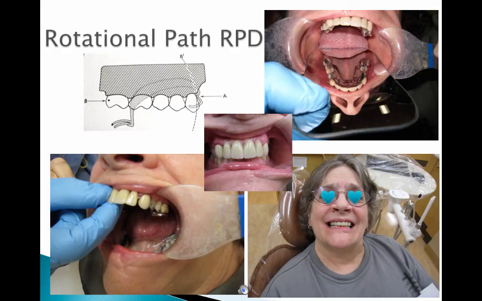So the partial is placed into position in the anterior first, then it is rotated up into position to engage those posterior direct retainers. The seated partial is shown in the upper right, and you can see on the lower right the aesthetic qualities of the rotational path removable partial in that it has no anterior clasping.